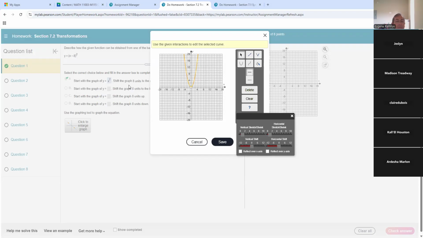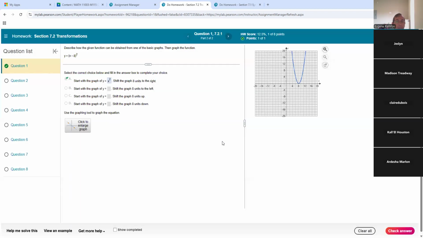Since you're going left to right on this one, that's horizontal. And we said subtracting 8 would actually move me right 8 units. So I'm going to move this cursor over to an 8. Once I moved it over 8 on the box here, it actually moved the graph from the center and it went right 8 units. At that point, you're going to save and then check your answer.